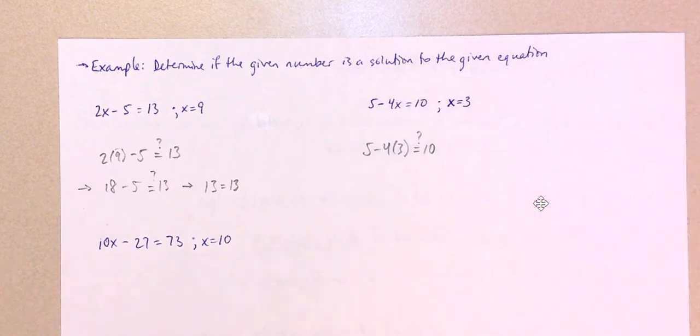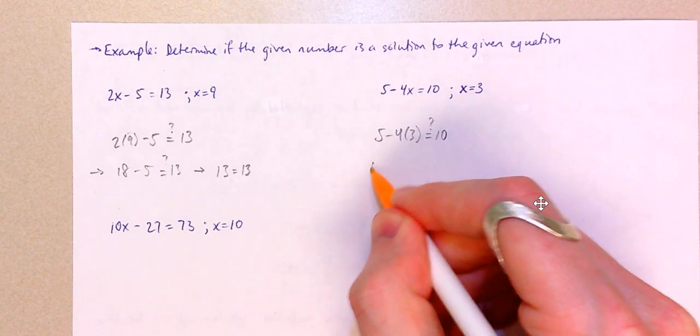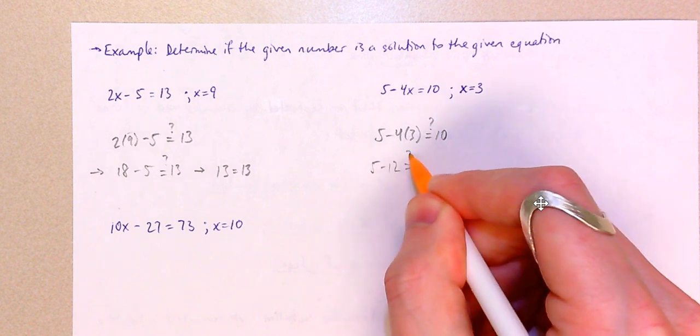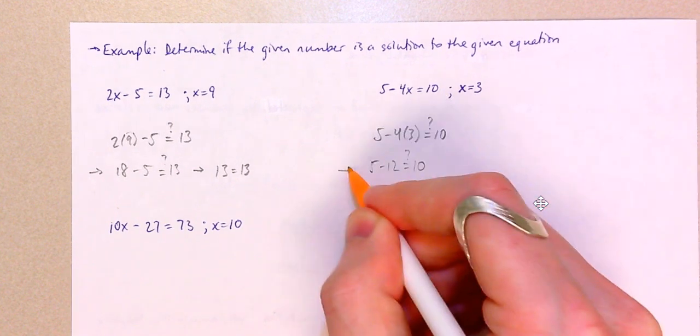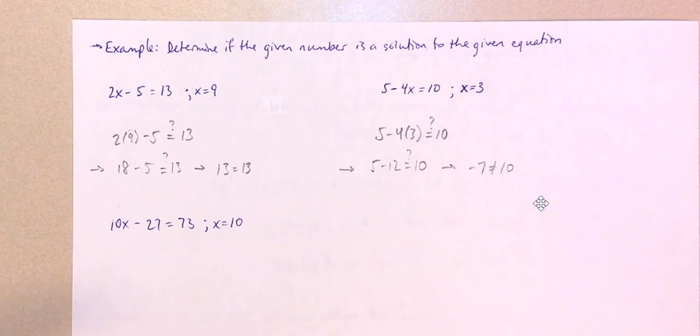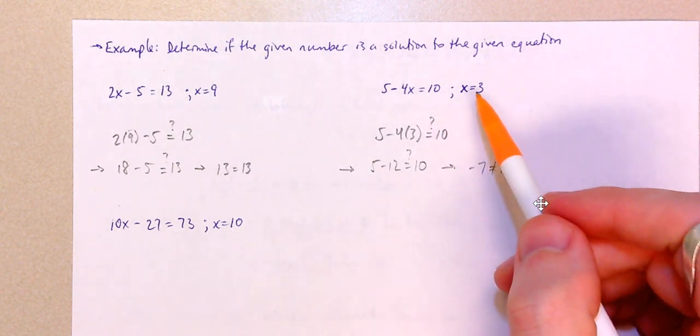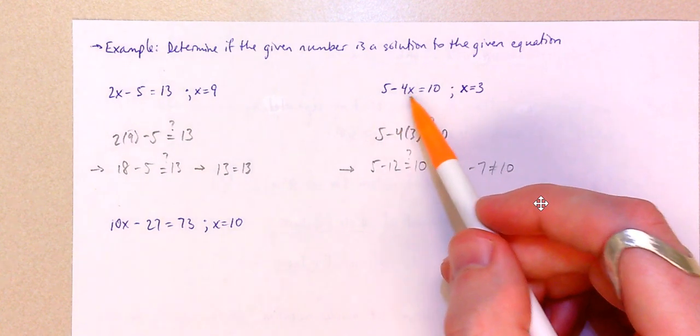We've done enough basic use of order of operations here to see that we are going to come up with 5 minus 12 there. And this is negative 7, and negative 7 is not equal to 10, so this is not a solution. x equals 3 is not a solution to this particular algebraic equation here.